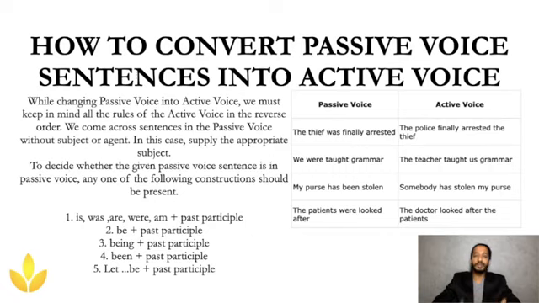So the patients were looked after, that is a passive voice. The patients can be looked after by a nurse, and can also be looked after by a doctor. So the doctor looked after the patients is correct. The nurse looked after the patients is also correct. Or sometimes if you want to get really creative and use a proper noun, you can also say Mother Teresa looked after the patients. Even that works.